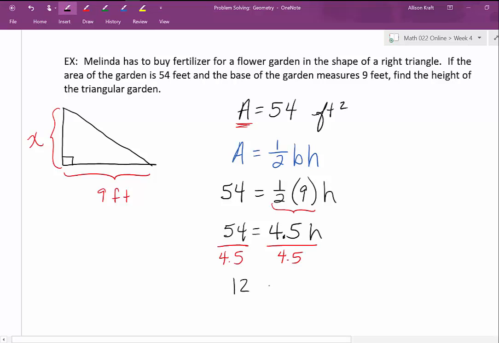I get 12 to be equal to h. I want to go back, reread my question. They asked us to find the height. h represented the height. Therefore, we have found the solution. Our height is 12 feet.